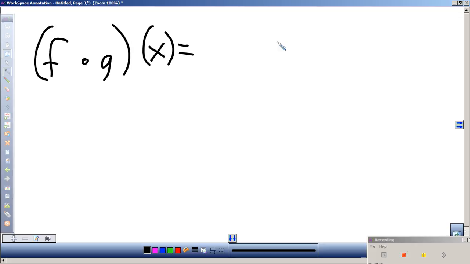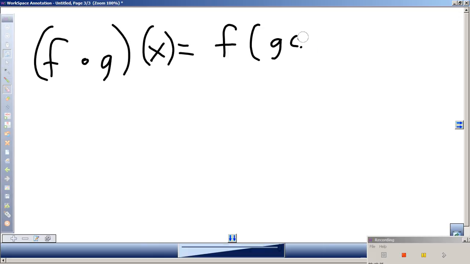You can read it f of g of x, which means f of g of x. This says take whatever g of x is and plug it into f of x.